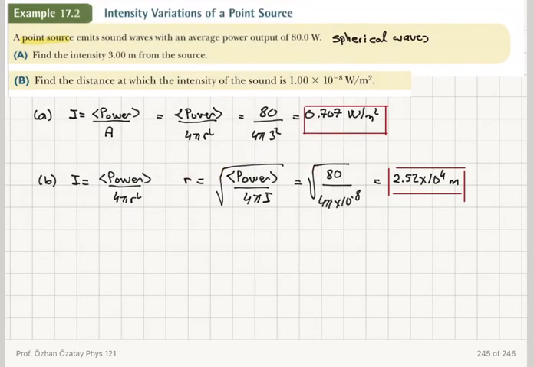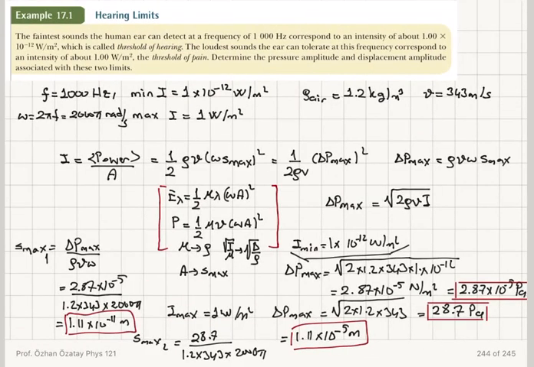So I have used the spherical wave relationship. Intensity is equal to average power per area, but that area is the area of a spherical surface, 4 pi r squared. I have found the distance where the intensity of sound is 1 times 10 to the minus 8 watts per meter squared to be 2.52 times 10 to the 4 meters.